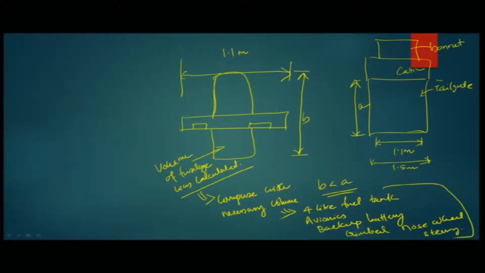All these things, we calculate the volume necessary individually, and when we calculated the volume of the fuselage size we decided, we found that the available volume was much bigger than what we needed. Good. So, we decided this fuselage is a good design.